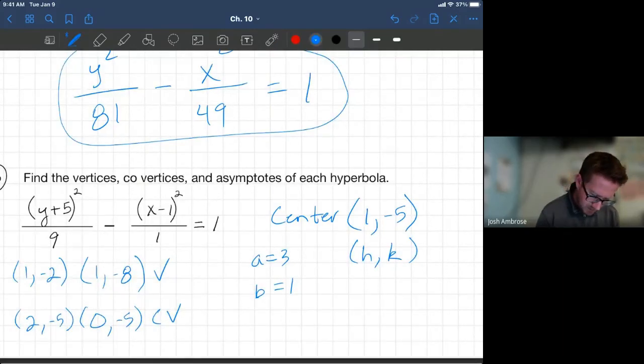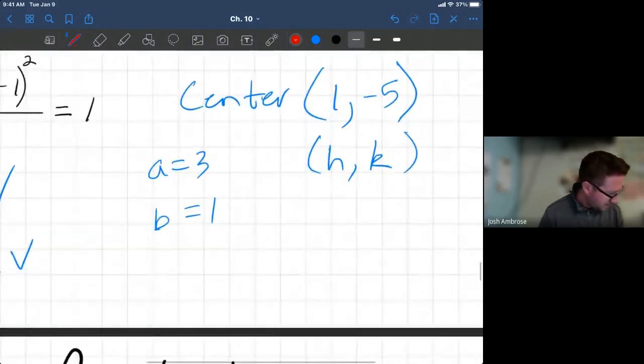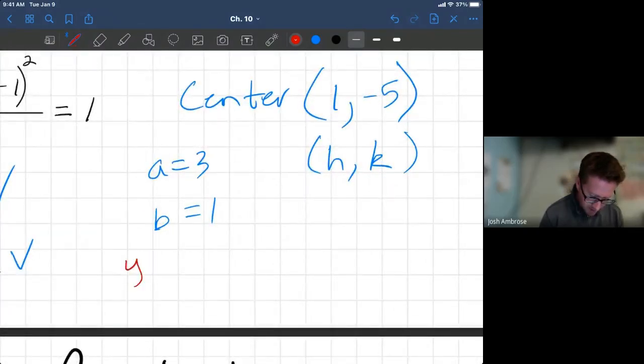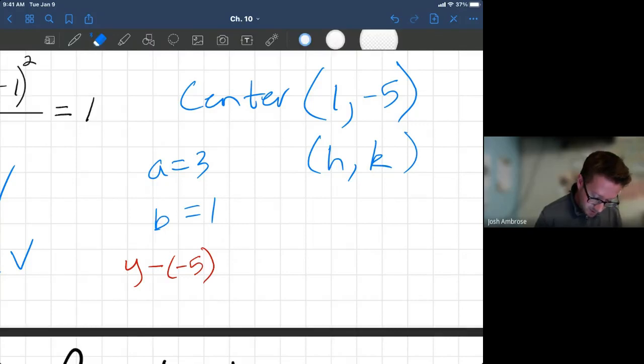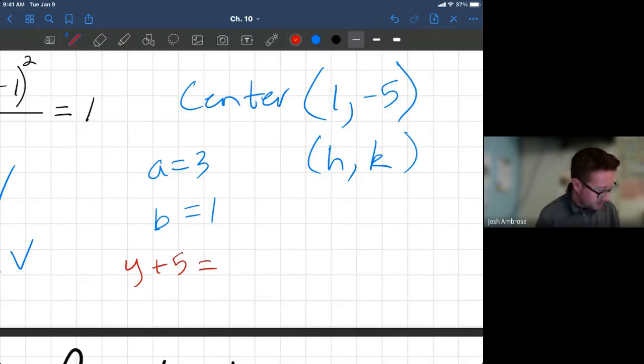All right, let's do this in a little different color to differentiate here. Okay, so we have y minus k, but notice that k is a negative 5. So really what I'm going to be doing here is I'm going to say this is actually y plus 5 equals a over b.